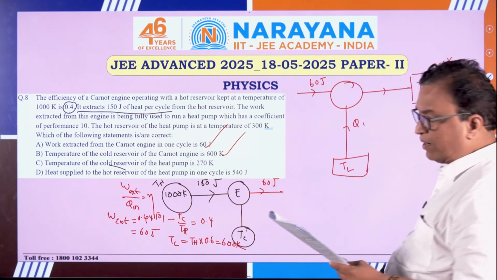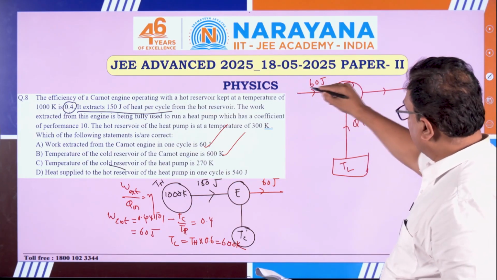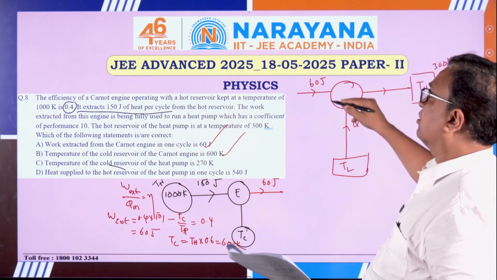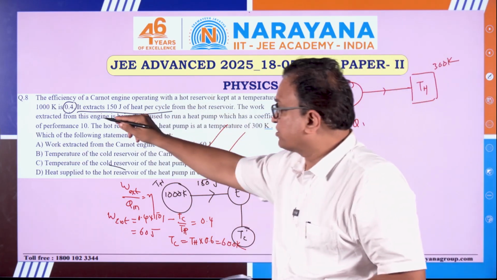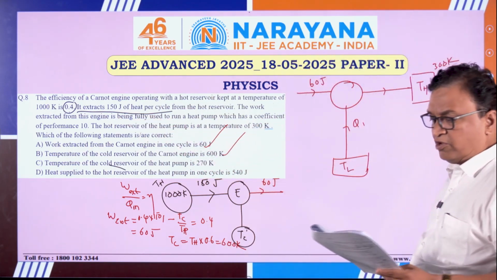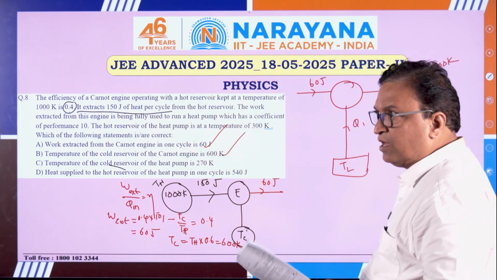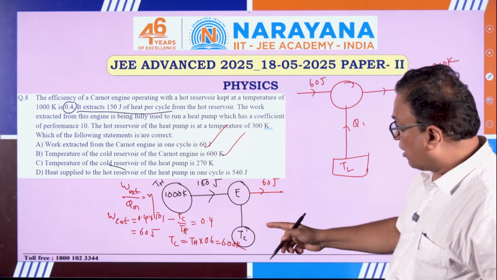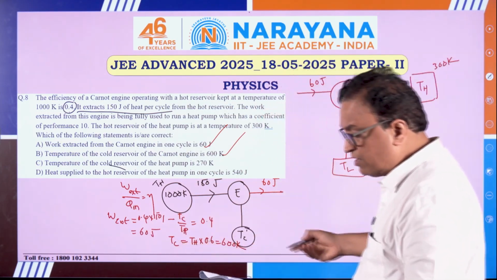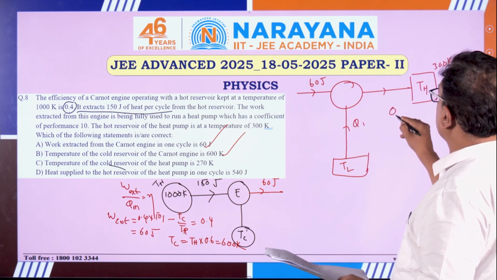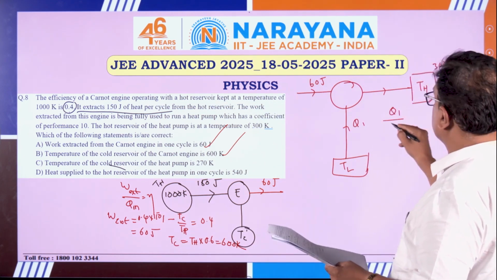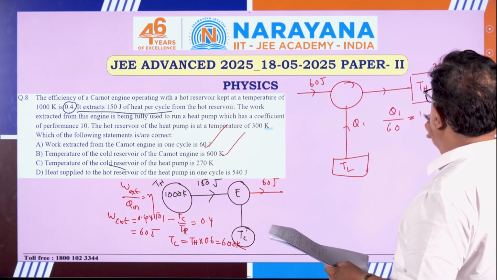And you have given Q1, right? The work extracted is 60. Can you please help me in writing the coefficient of performance in the way I have written two different definitions here? Here also you can write this as Q1 by W, 60, and this is given as 10.